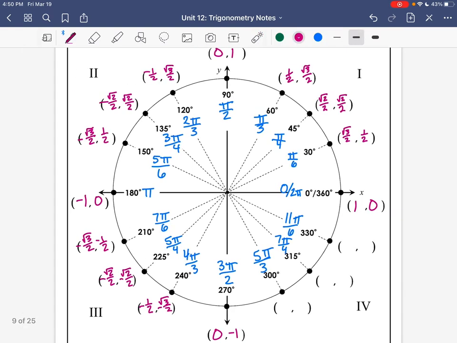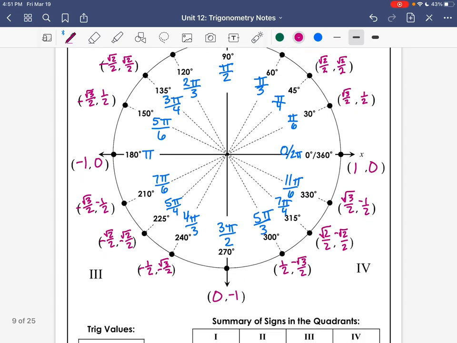So for 300, we have 1/2 and square root of 3 over 2. Then for 315, we have square root of 2 over 2 and square root of 2 over 2. And then for 330, we have square root of 3 over 2 and 1/2. And then you have to think about, okay, which ones of these are negative? And it's only going to be the y values. So we're going to go back in and put those in because it's in the fourth quadrant.